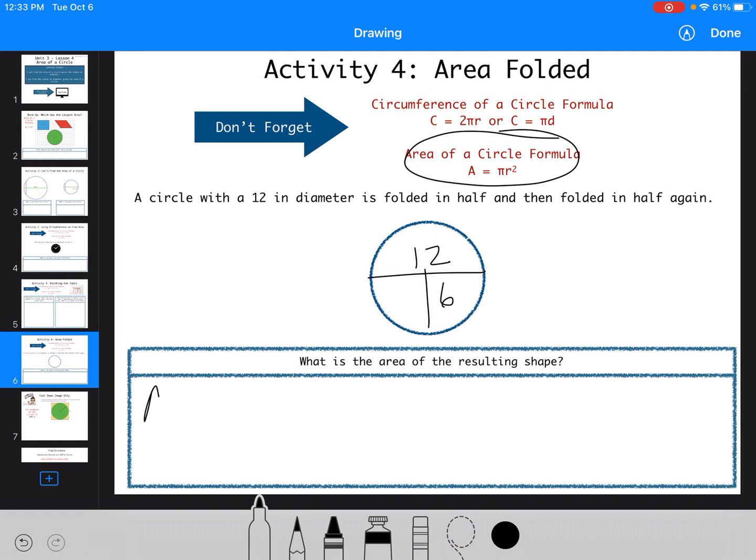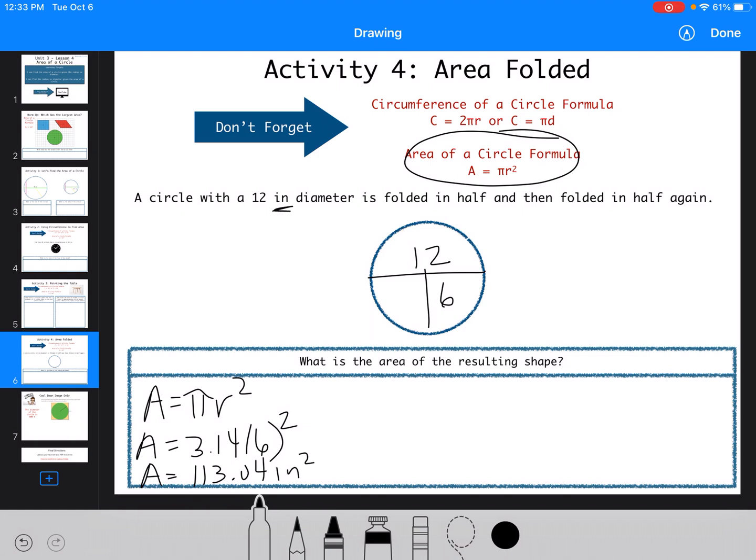So area equals pi r squared, so area equals 3.14 times 6 squared, or 6 times 6. So in my calculator, I get the area is 113.04, and it's going to be inches squared.